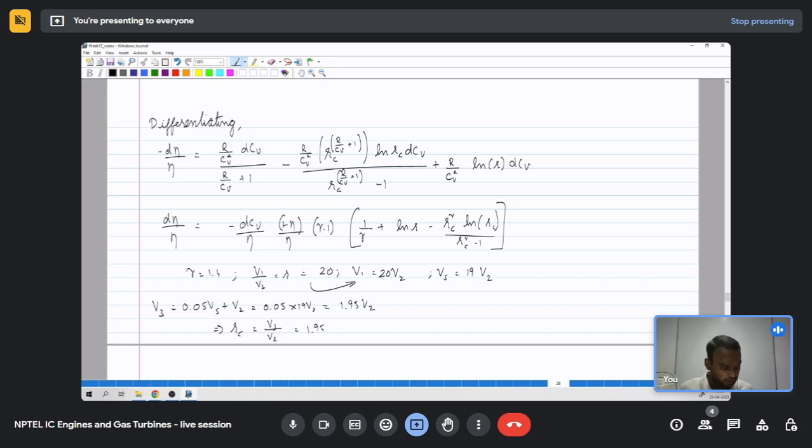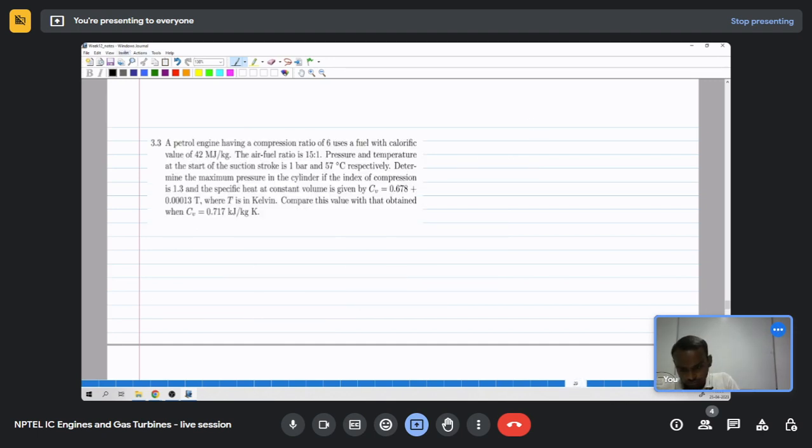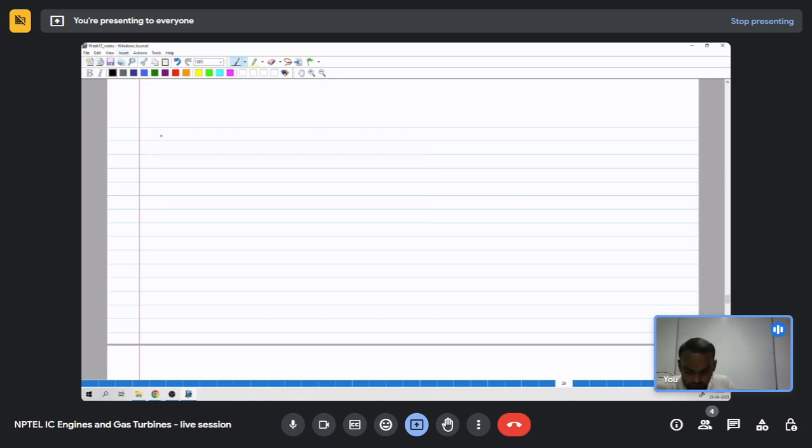Now we can calculate the diesel efficiency. Efficiency is 1 minus 1 by gamma, 1 by r power gamma minus 1, rc power gamma minus 1 by rc minus 1. So we have 1 minus 1 by 1.4, 1 by 20 power 0.4, and then 1.95 power 1.4 minus 1, and then in the denominator 1.95 minus 1.